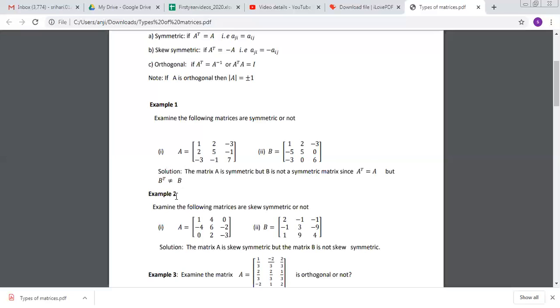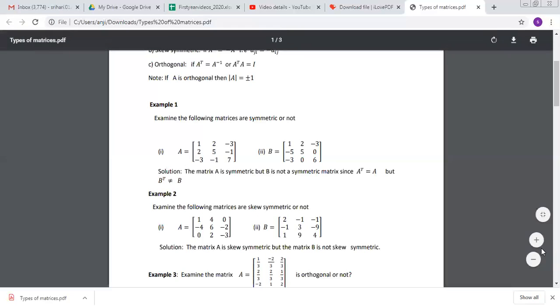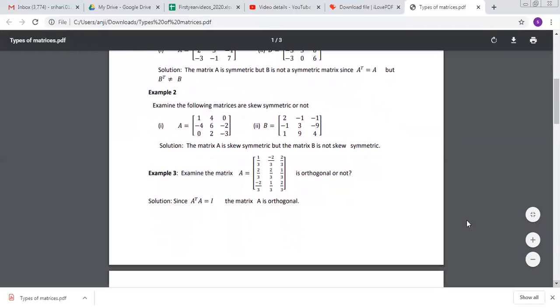Now example 2. Examine whether the following matrices are skew symmetric or not. A equals: first row is 1, 4, 0; second row minus 4, 6, minus 2; third row 0, 2, minus 3.